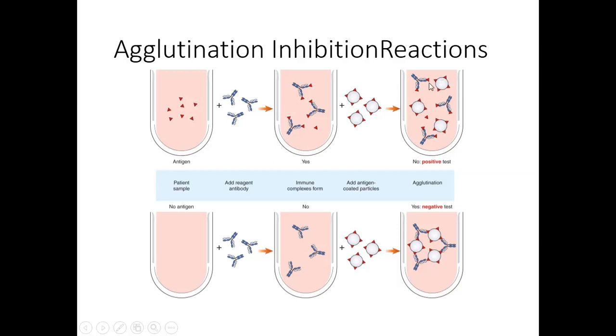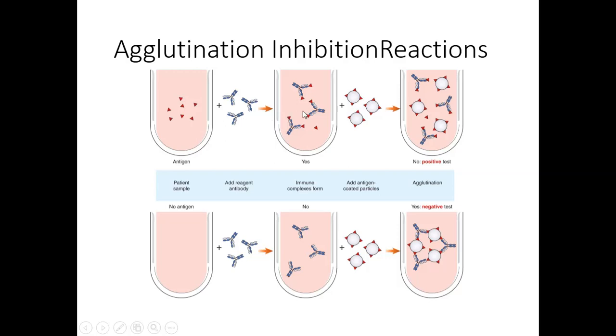I end up with no agglutination. There's no lattice formation. Why not? Because all of the antibody FAB sites were bound off by the patient's antigen before we ever added this. So there was a competition for who was going to bind to the FAB sites.